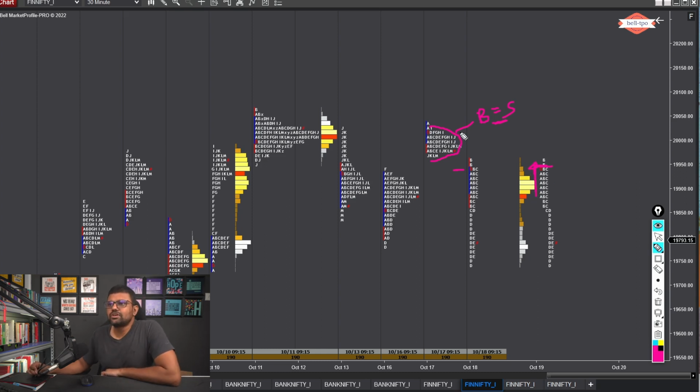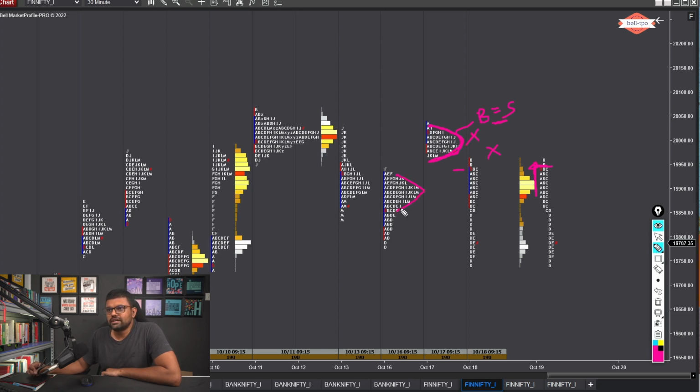All this is telling me that the market still considers this as the value area and it is trying to go back there. But if it fails, what does that tell me? That this no longer is the area where the market wants to conduct business. It tried to go back, it could not. Now it means that the market is not interested in higher prices. So if it is not interested in higher prices, where is it likely to go?